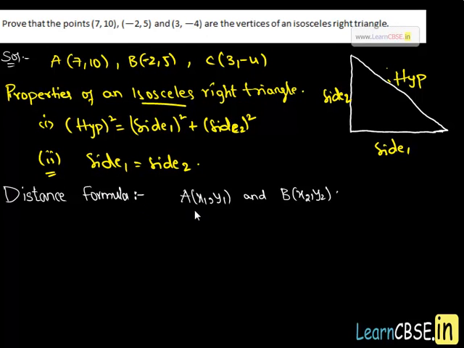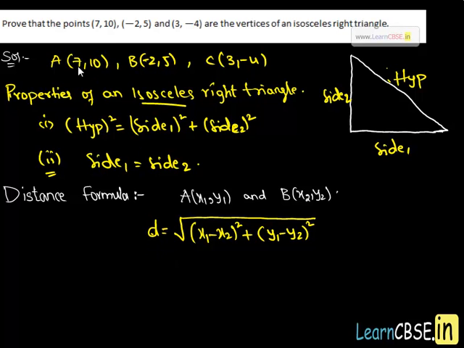If A(x1, y1) and B(x2, y2) are two points in a plane, then the distance between A and B is d, which is equal to the square root of the sum of the squares of the difference between x coordinates and the difference between y coordinates. By using this formula, we can find the distance between any two points.